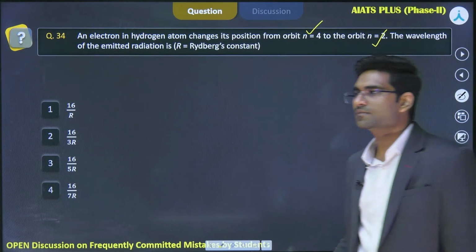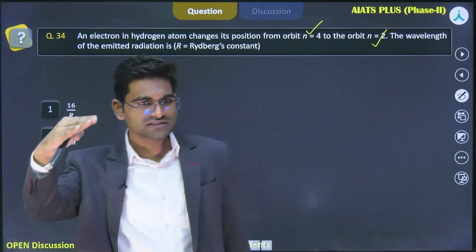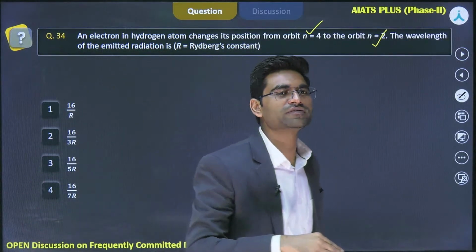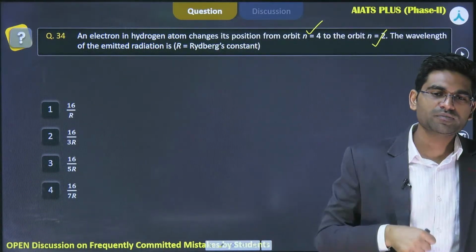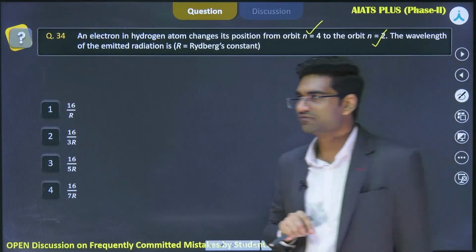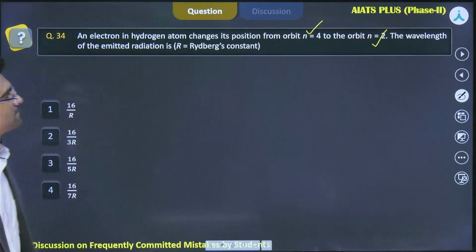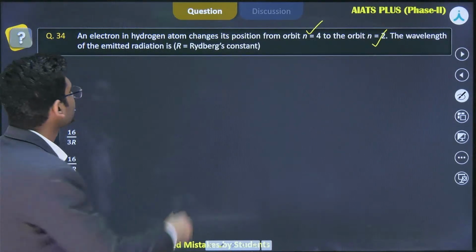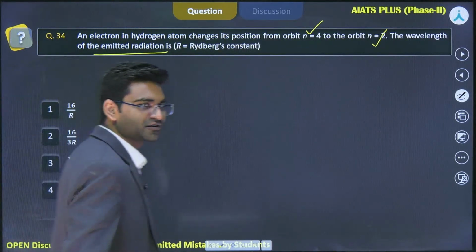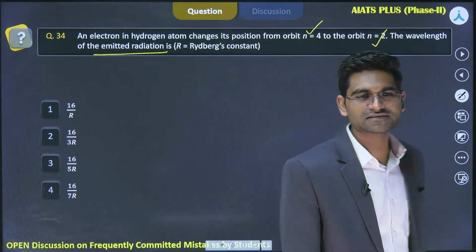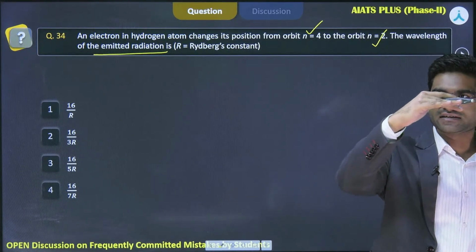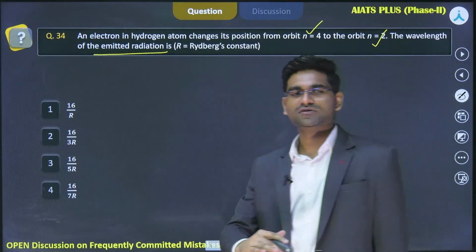Now you tell me, if it is coming from higher energy state to lower energy state, what will happen? Will it absorb energy or release energy? The question says the wavelength of the emitted radiation. Actually the hint is already there, but as you can see, n equal to 4 is a higher energy state and n equal to 2 is a lower energy state.